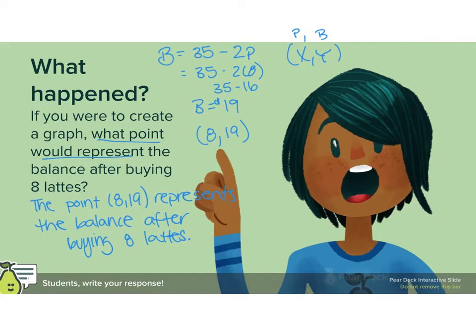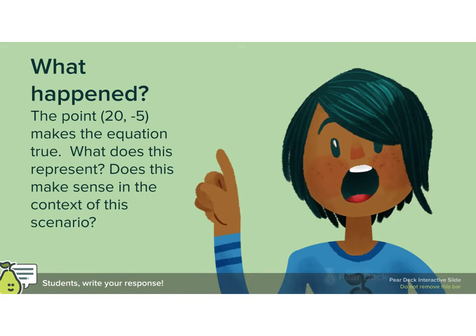And then our final question, the point (20, -5) makes the equation true. So remember, this is our equation. Our balance is 35 minus 2 times the number of lattes. So if this is x and y, but we're not using x and y, we were using b and p. If I plug those in, the equation's true.